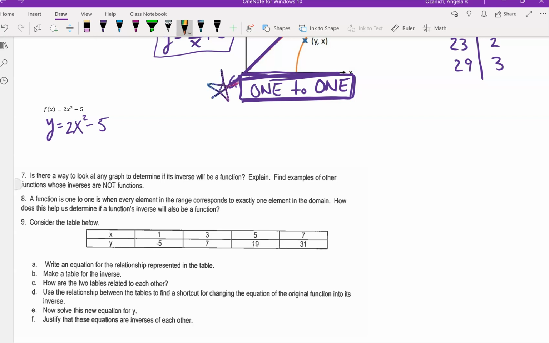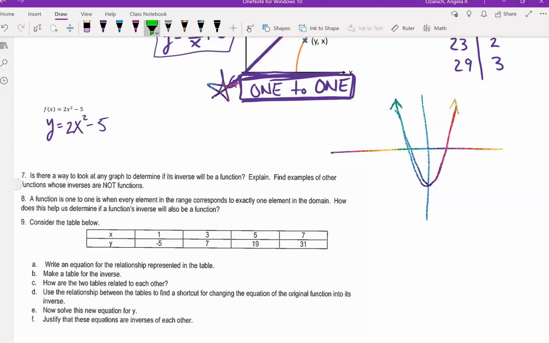This is what I mean by that. When you have a graph like this one that we're about to take a look at, 2x squared minus 5, it's going to be a parabola that has a shift down 5.